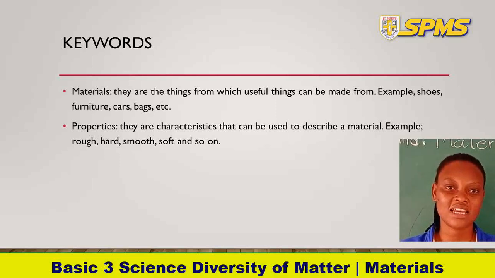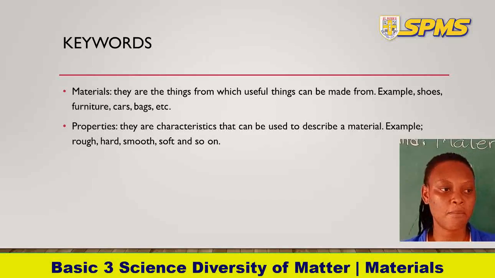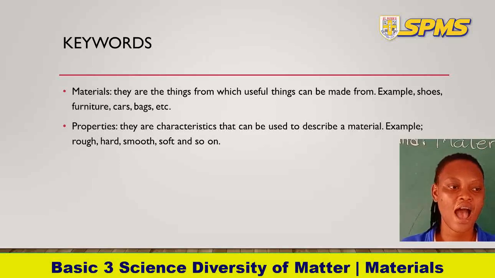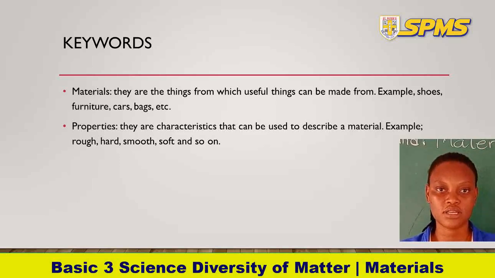So properties are the characteristics that can be used to describe a material. Example, rough, hard, smooth, soft. So when something is smooth, it will help us describe the type of material that we have. I hope you got that.